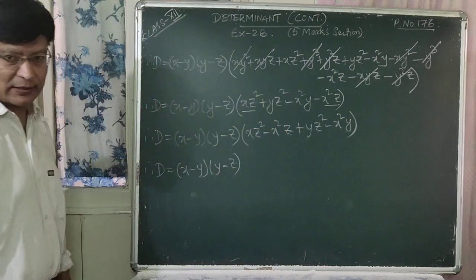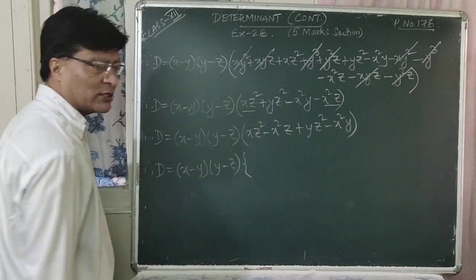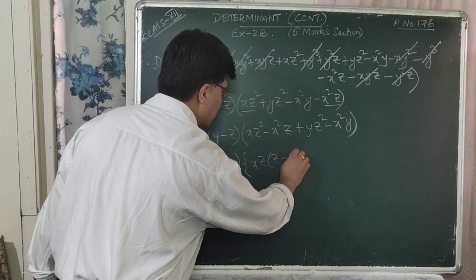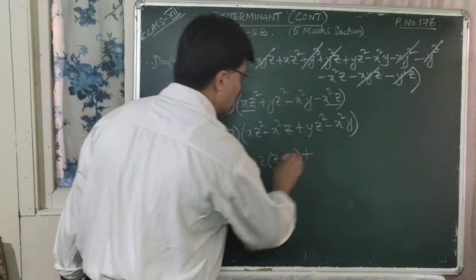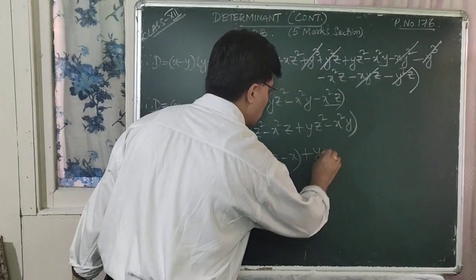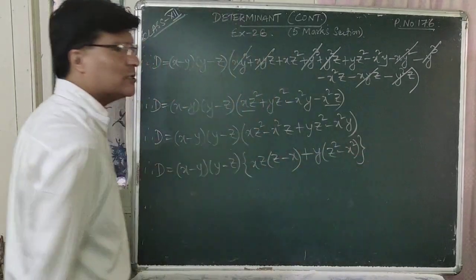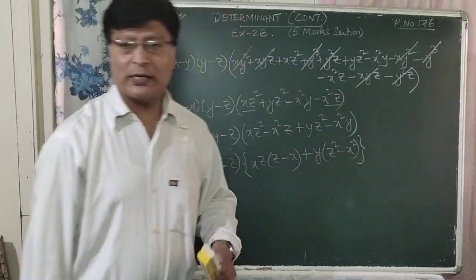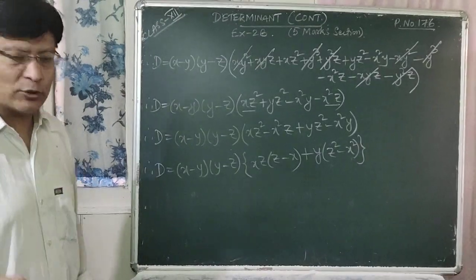Let us factorize it. So now take common from the first 2 terms. What is common here? xz. So it is z minus x. Is that clear? From the next 2 terms, what is common here? y. So it is z square minus x square. So here the second bracket is closed. Now again z square minus x square, you can use the formula a square minus b square, that is (a plus b)(a minus b).